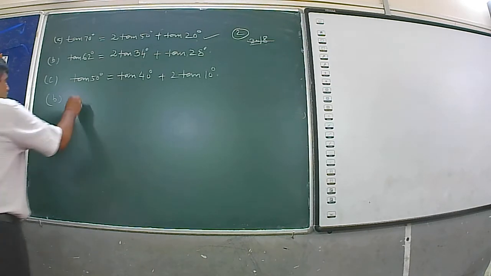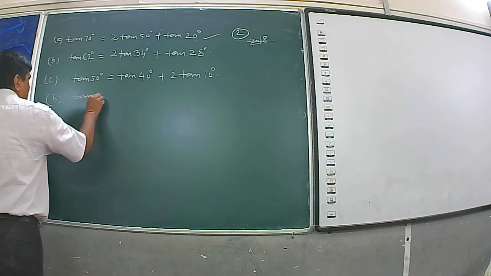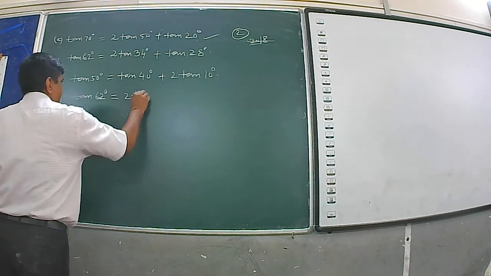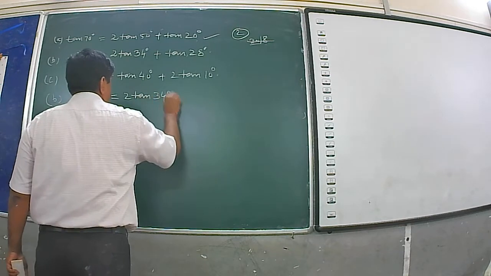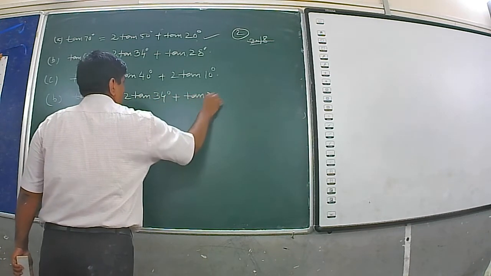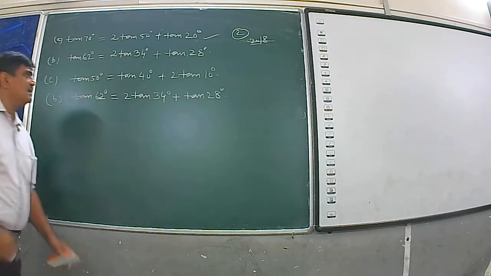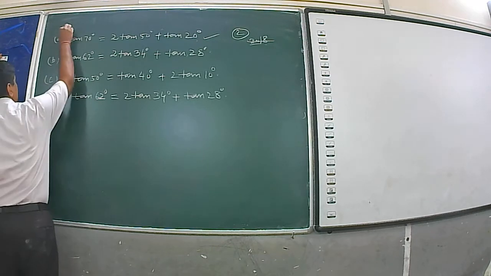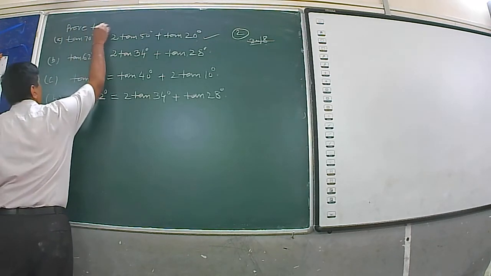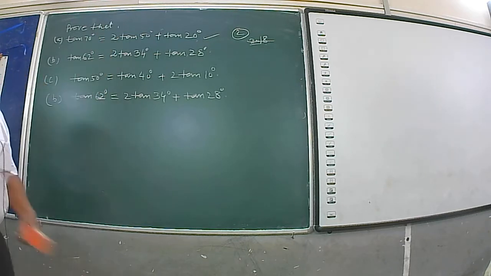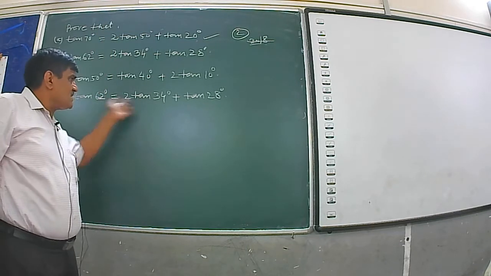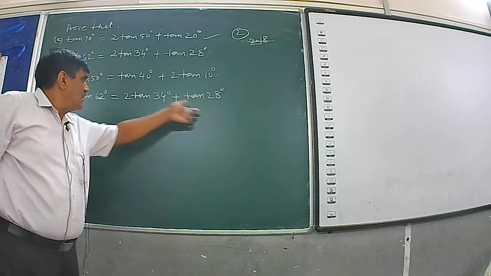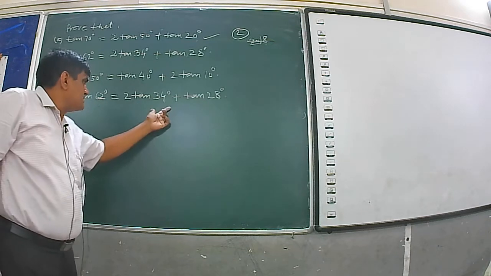Tan 62 degree is equal to 2 tan 34 plus tan 28. This is the proof. 62 is equal to 34 plus 28, or 62 minus 28 is equal to 34.